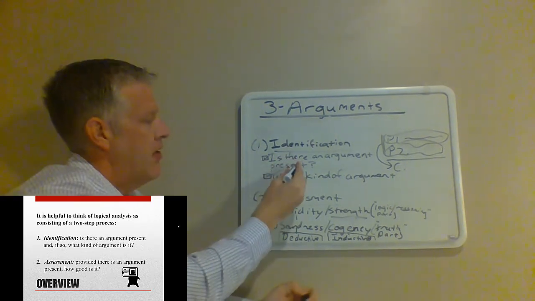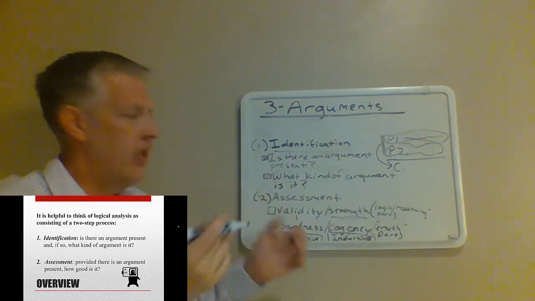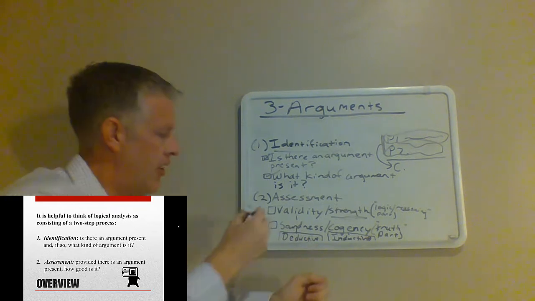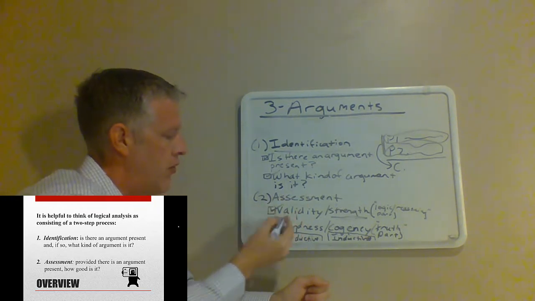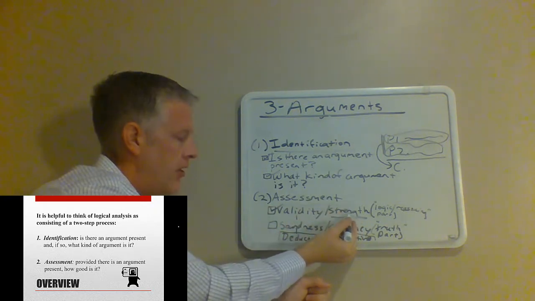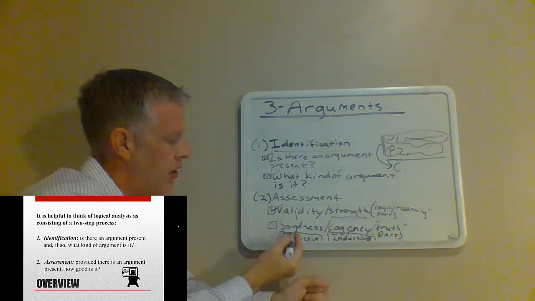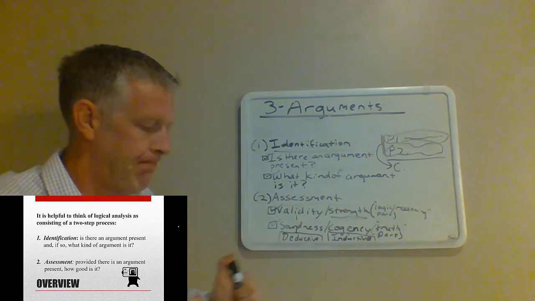So we've asked ourselves, is an argument present? Yes, there is. We've identified the argument, whether it be deductive or inductive. And then we're going to assess it. We're going to say whether it's valid or invalid if it's deductive, or whether it's strong or weak if it's inductive. And then we're going to say whether it's sound or unsound if it's deductive, or whether it's cogent or not cogent if it's inductive.